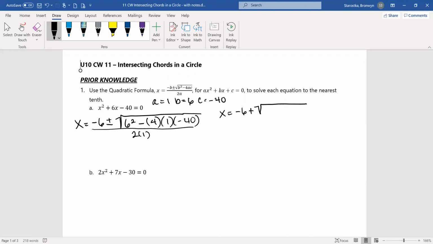6 times 6 is 36. Negative 4 times negative 40 is positive 160. I'll move that over 2. And x equals negative 6 minus 36 plus 160 all over 2.